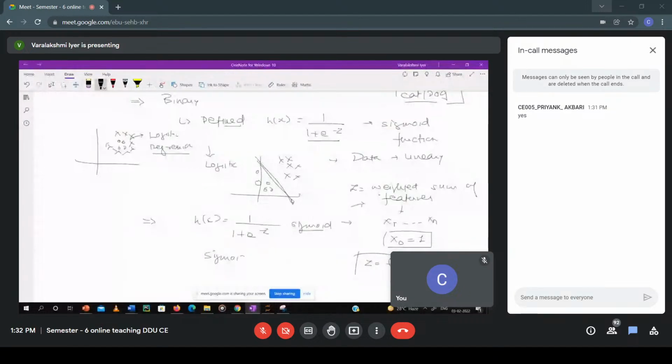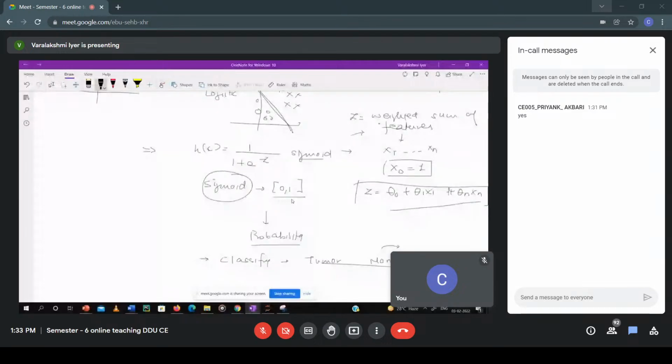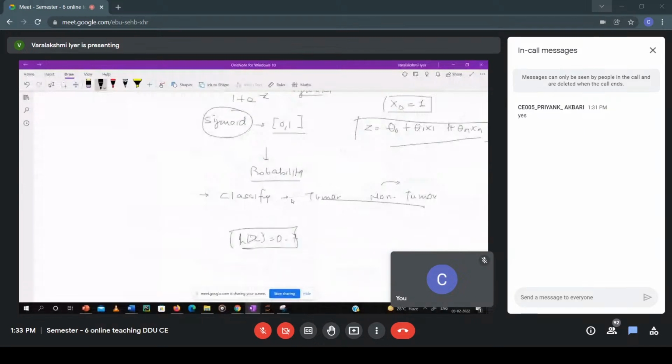Then you apply a sigmoid function on this weighted sum so that your output is squashed between 0 and 1. The output you get is a probability value. How do you read this probability value? For example, if you are trying to classify data as tumor and non-tumor, and your h of x value is 0.7, then this is the probability that your sample instance is tumor, that it belongs to class 1.